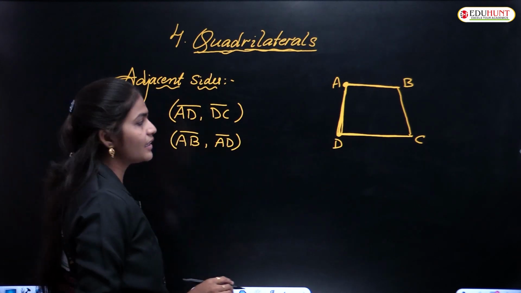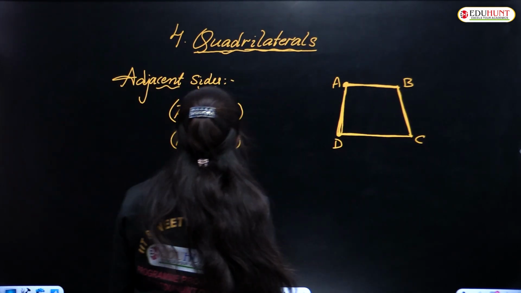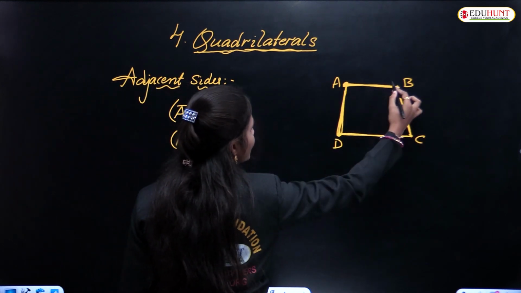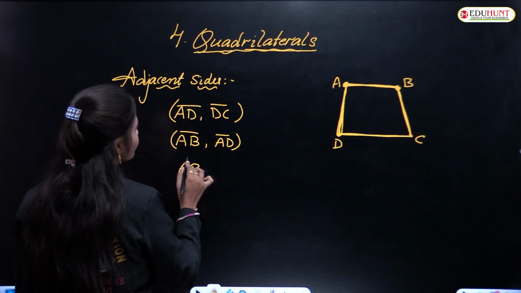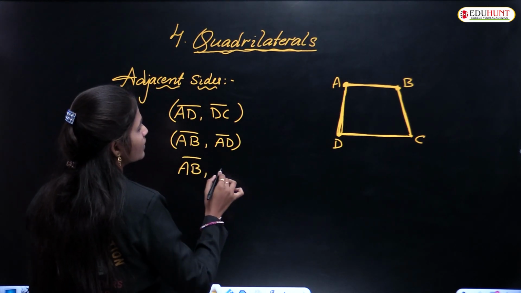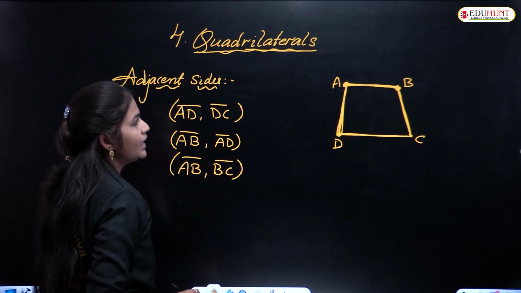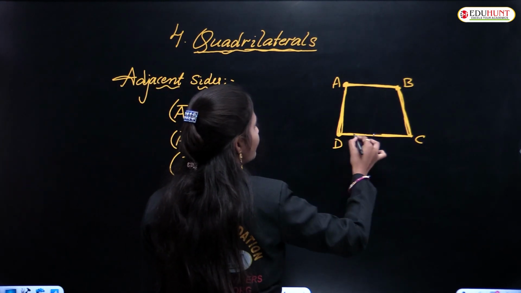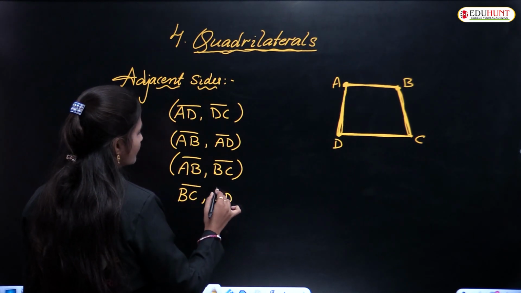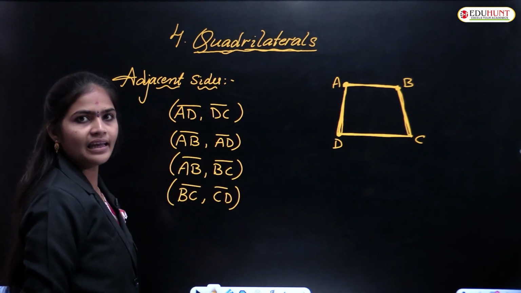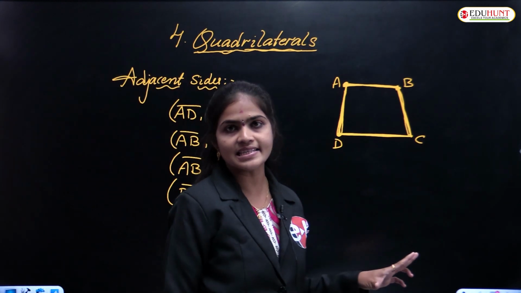Next, AB, BC, because AB and BC meet at point B. Next, BC and CD. So these are the four pairs of adjacent sides.